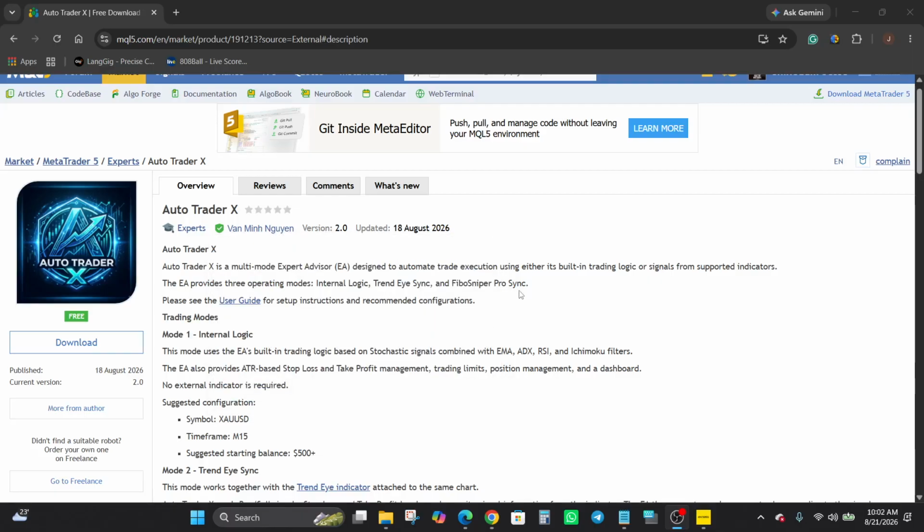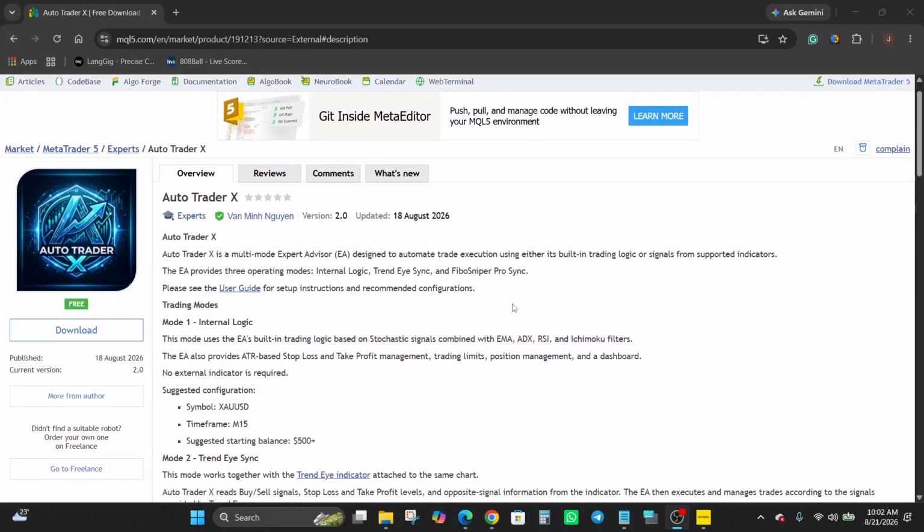And right off the top, as you can see on the page, this EA is built specifically for MetaTrader 5. All right. And it's currently listed as a free download. Okay. It is sitting on version 2.0 with the latest update dated August 18, 2026.